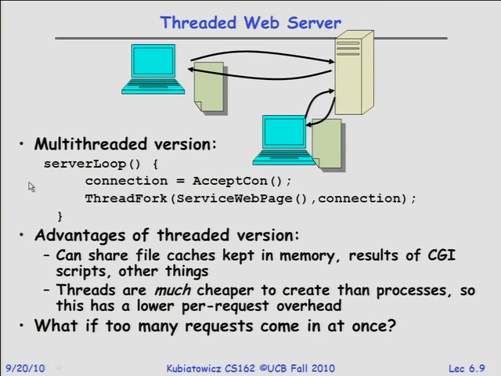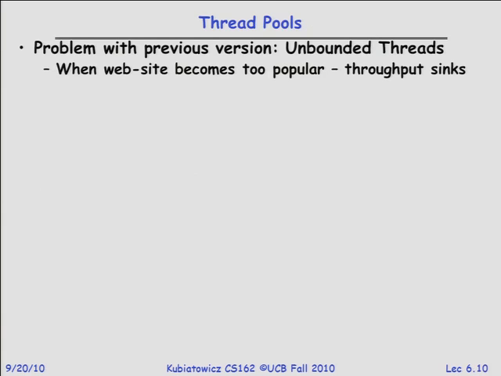Okay, so what's another option? We could do something called a thread pool. So the problem with the previous version is the unbounded thread problem. And so what do we do? We bound the threads. Okay, so we say, well, instead we allocate a pool of threads. And that's the maximum level of multi-programming we want going on at any time, 10, 20, whatever the number is. Okay, and so here would be our basic example.